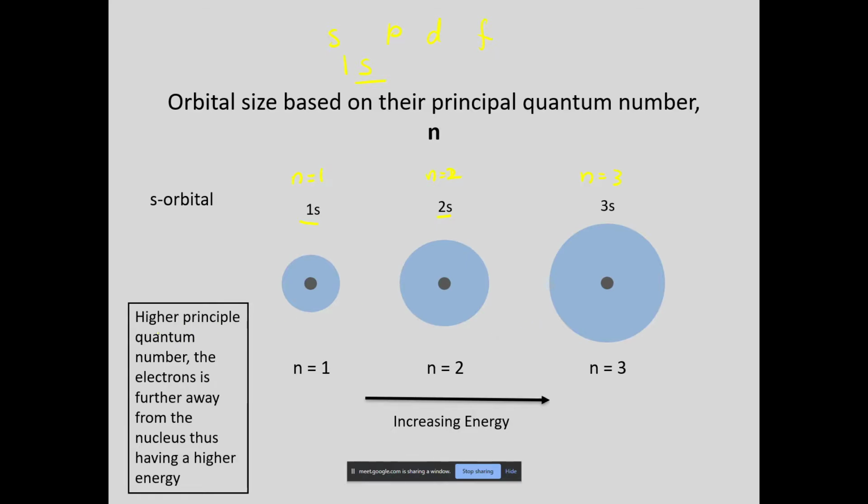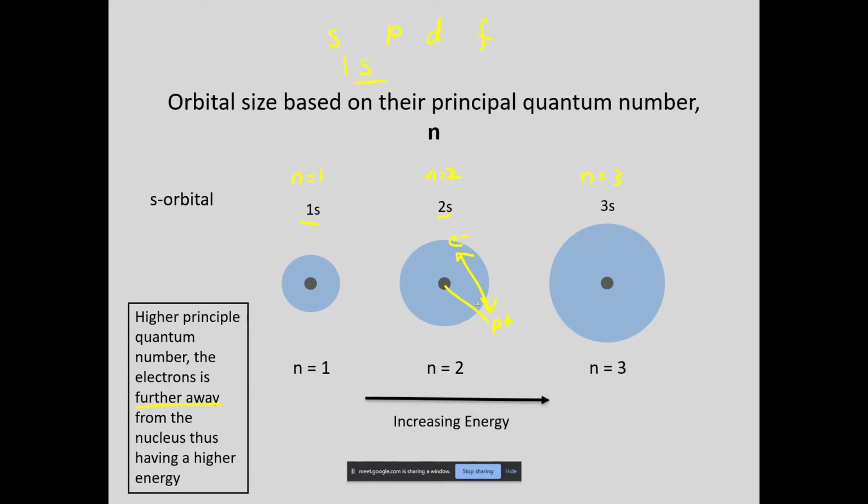So the higher principal quantum number, the electron is further away, sebab dia ada higher energy, sebab itulah dia boleh duduk jauh. Sebab kalau you guys ingat, dalam nucleus kita ada proton which is positive charge and electron is negative charge. So they tend to be attracted to each other. So when we have more energy, higher energy, we can separatekan dia orang.